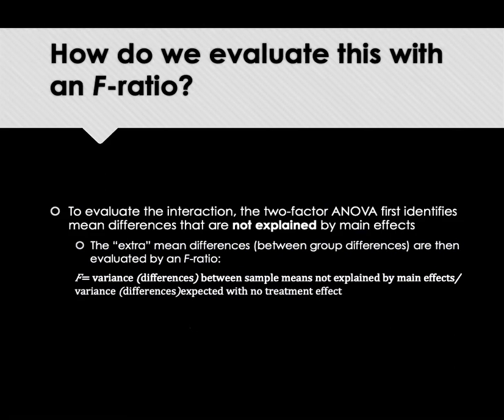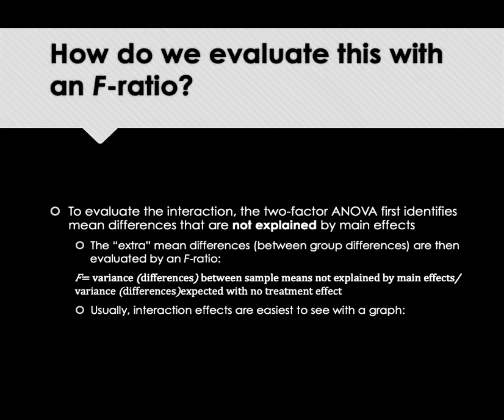The F ratio for interaction effects, the numerator is the variance or differences between sample means that are not explained by main effects. And then the denominator is, again, the variance expected with no treatment effect, right? And that's exactly the same as the last two F ratios, the main effect F ratios. Often, interaction effects are easiest to see with a graph.